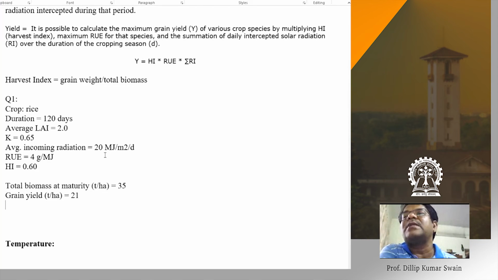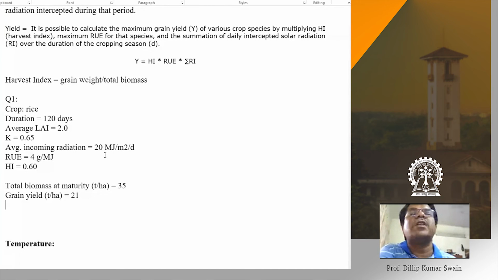So in general, of the total incoming radiations, around 50% is your photosynthetically active radiation, that is within the range of 0.4 to 0.7 micrometer, as the approximation value. When you calculate the plant interception, we calculate it based on the incoming photosynthetically active radiation. Of that, how much is intercepted by the crop?